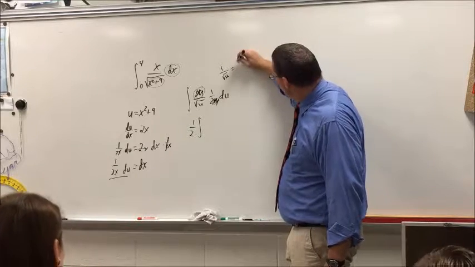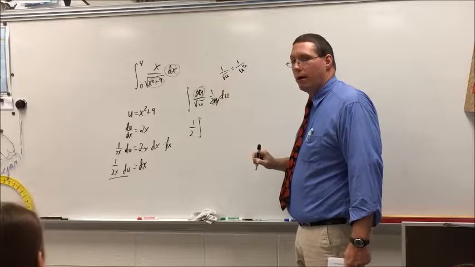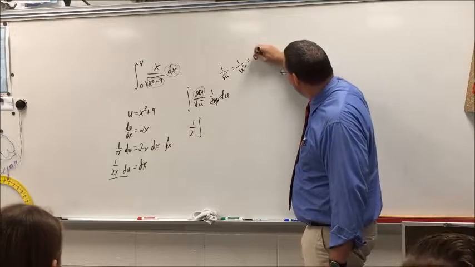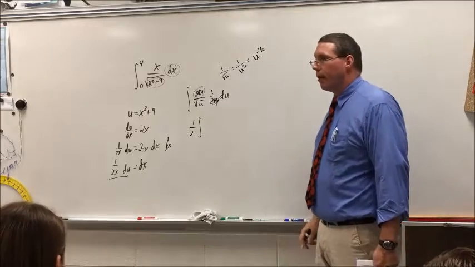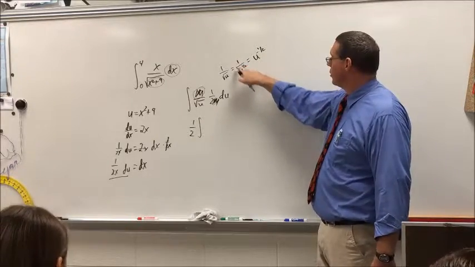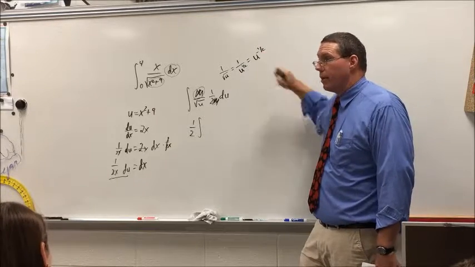That's actually 1 over u to the 1/2 power, which is actually u to the negative 1/2 power, because denominators can gain a negative exponent and not be in a denominator anymore.